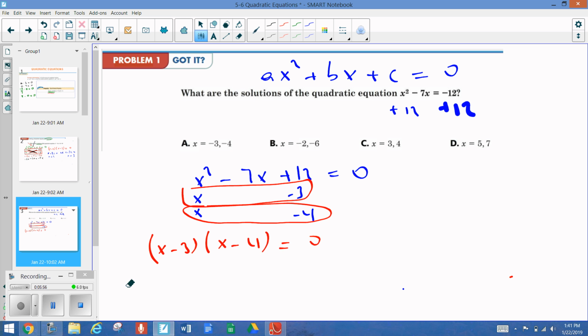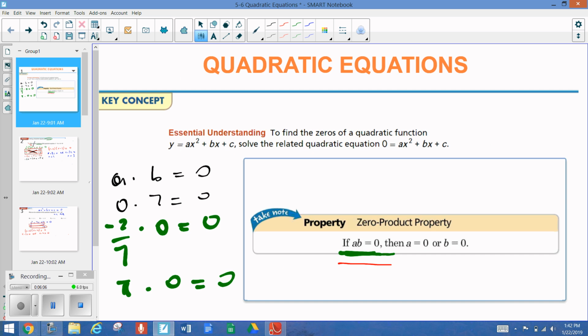What are the roots? x minus 3 is equal to 0, and x minus 4 is equal to 0, and we solve them separately. Why am I doing this? Remember, if you're multiplying a number by 0, the result will be equal to 0.